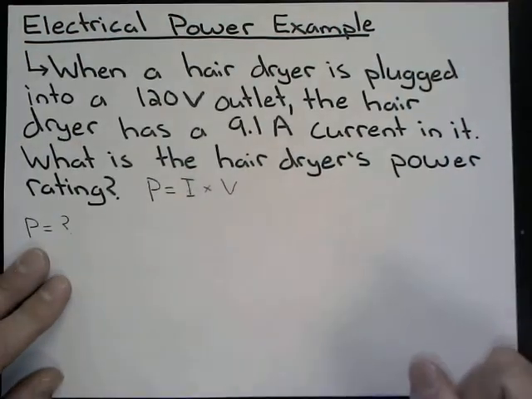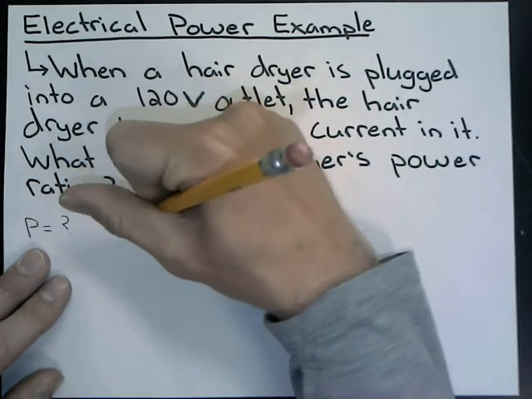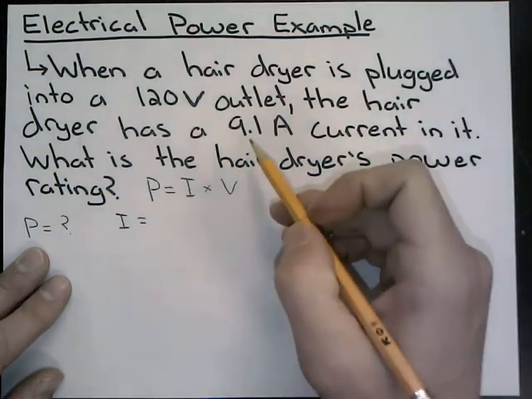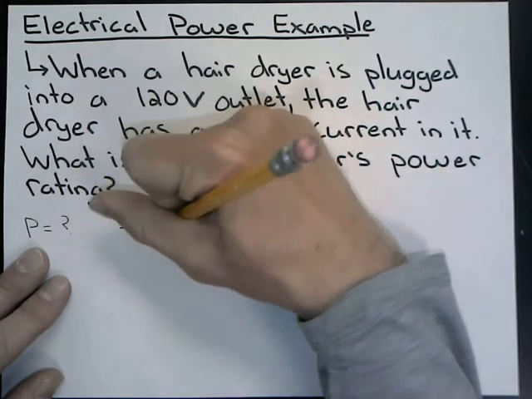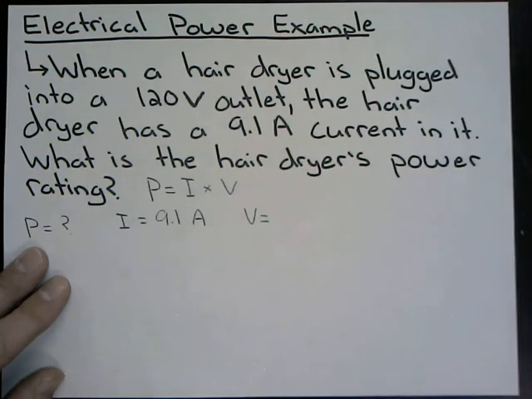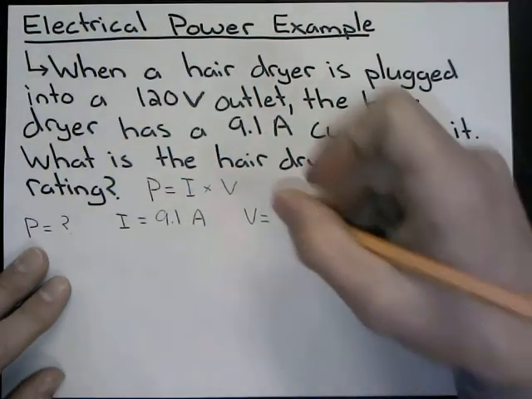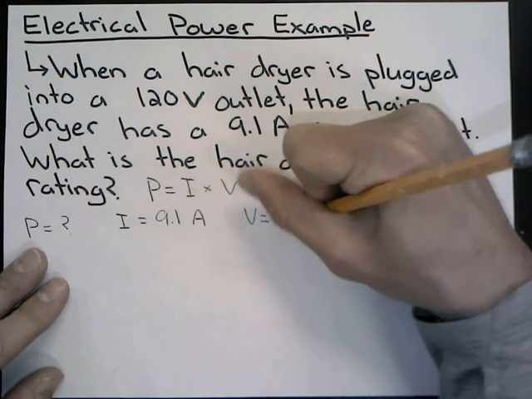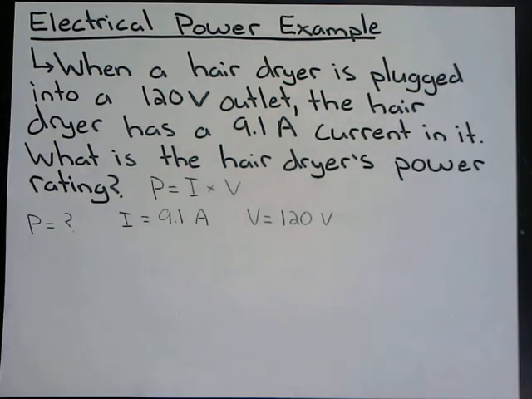So that's going to be our question. Our I, in this case, is going to be the current, which is 9.1 amps. And then your V is the amount of volts, and this is plugged into a standard 120 volt outlet.